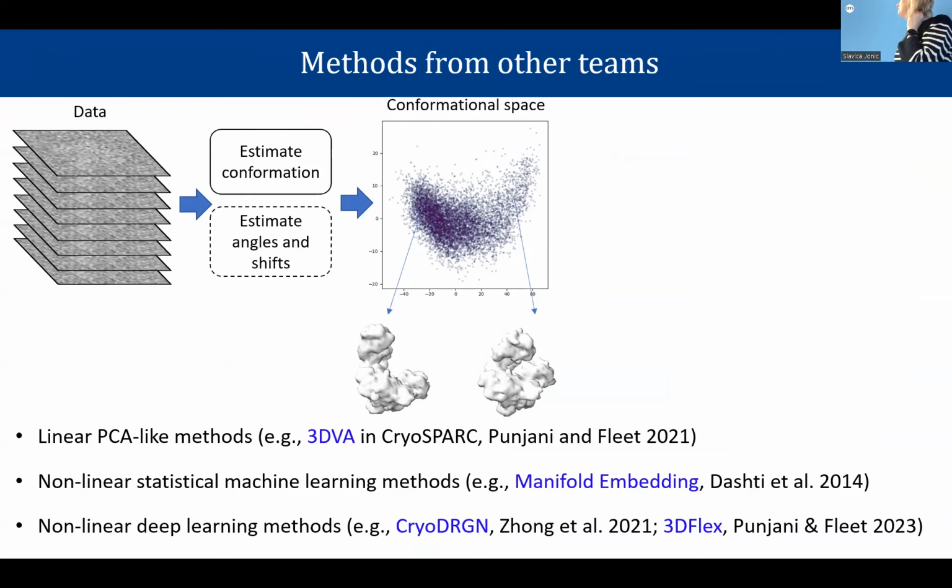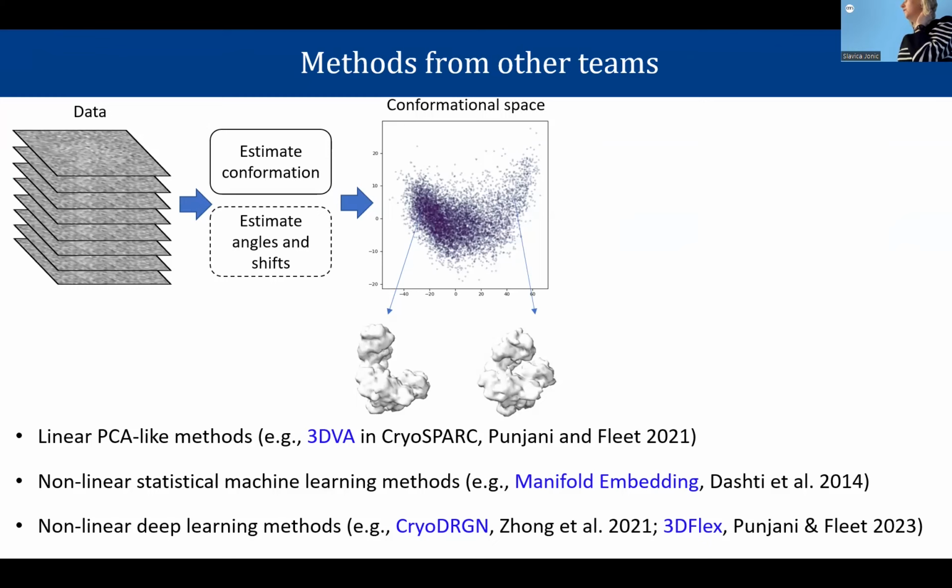So before I explain this method, I would like to show you that there is currently a lot of work on this kind of approach for conformational heterogeneity from many teams. So here is just a very short list, but there are many more methods currently.